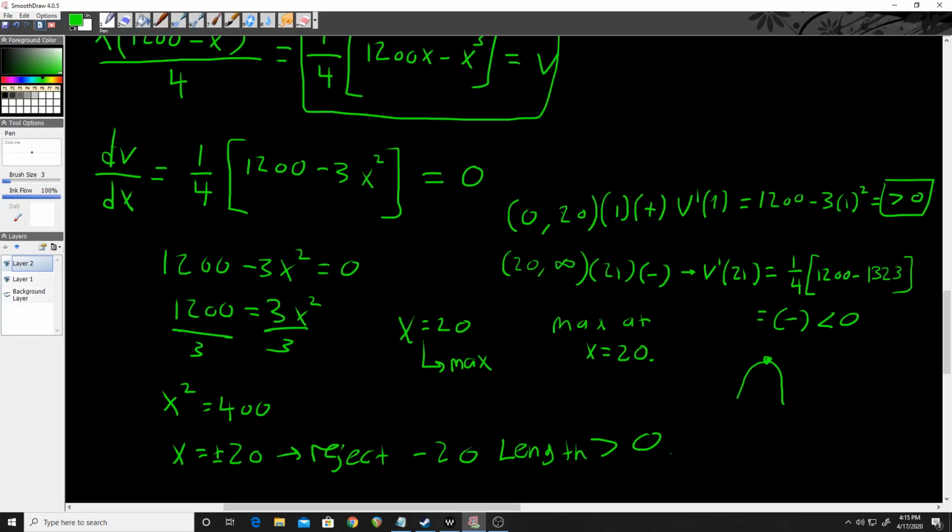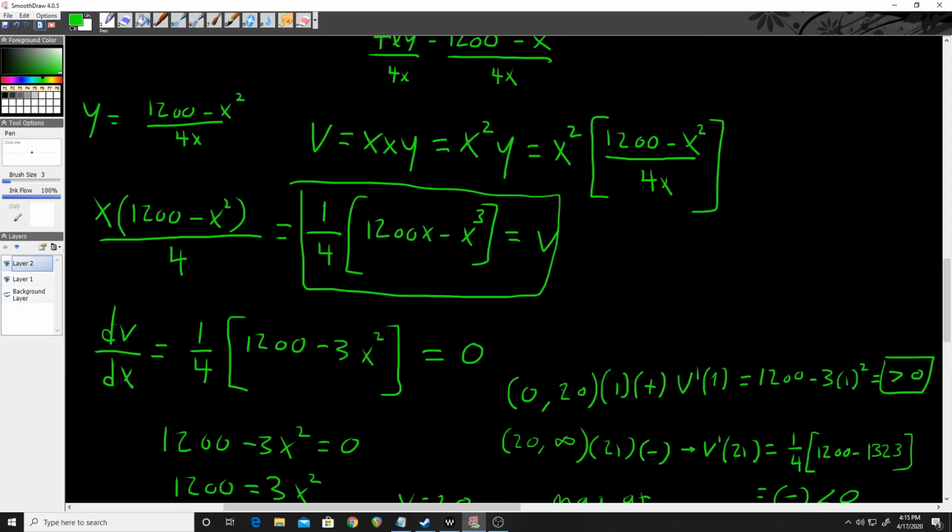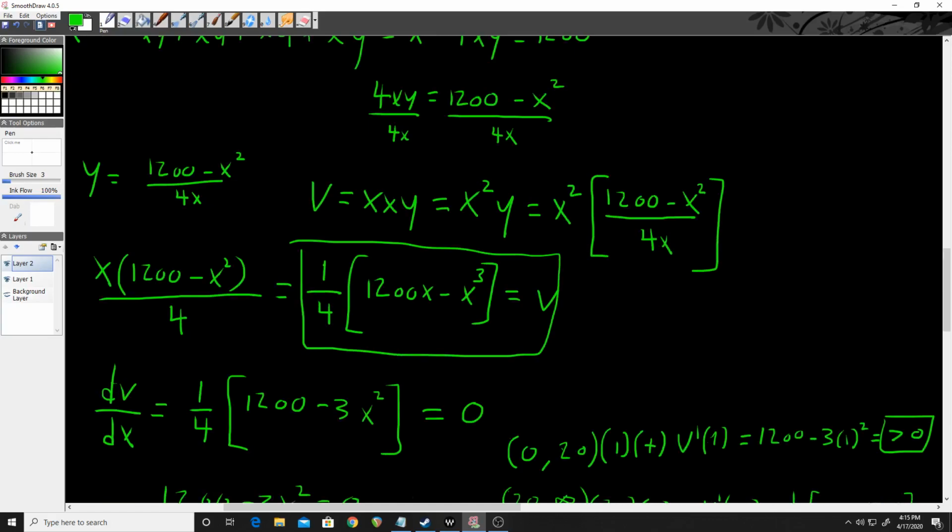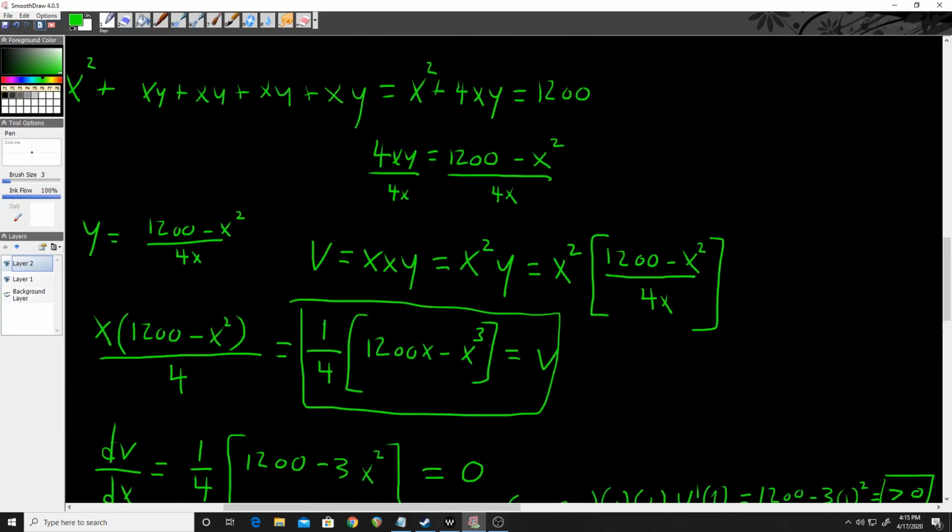And there we go. So if x equals 20, we need the volume. Okay, we've verified that x equals 20 is the max. So our volume is right here. Here's V. Okay, so the volume is going to be 1/4 multiplied by 1200 times 20, that's the maximum, minus 20 cubed.